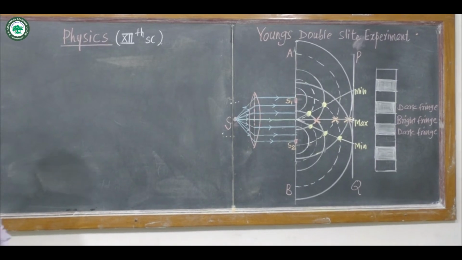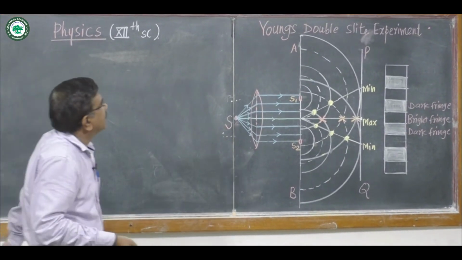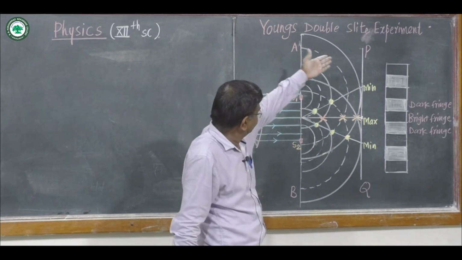So this is the diagram of Young's double slit experiment.